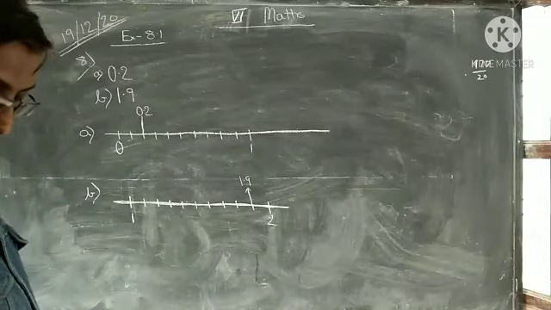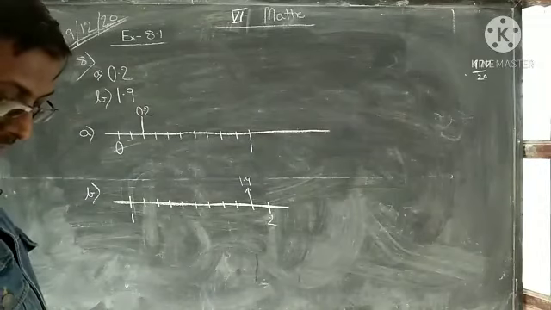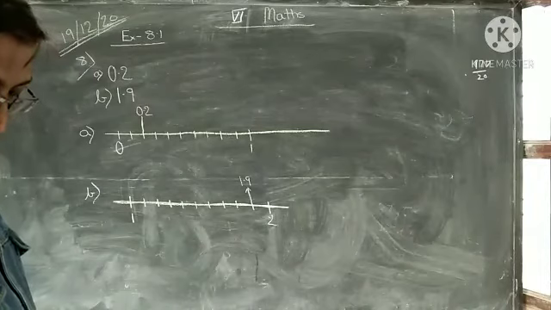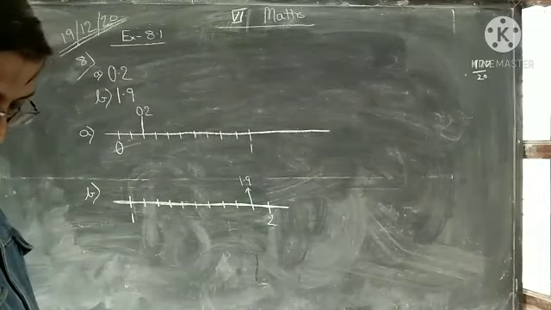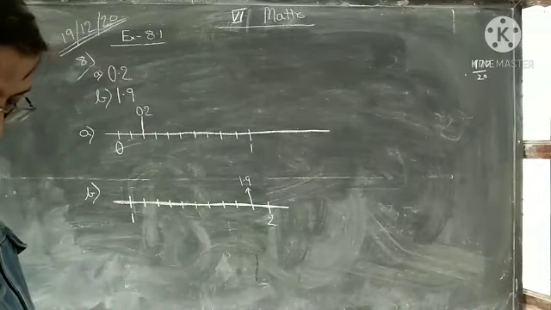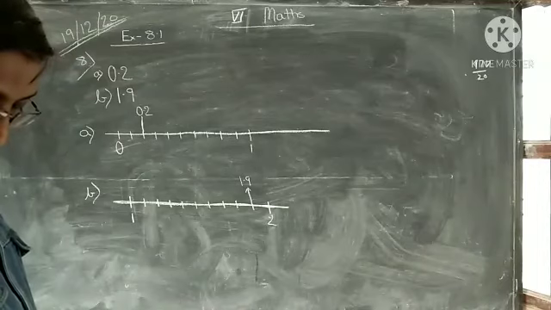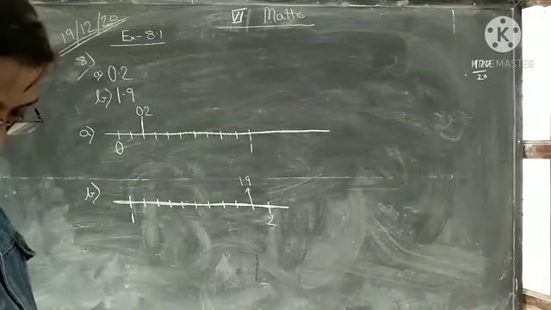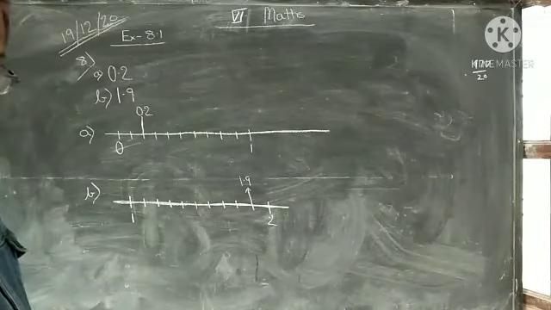Between 0 and 1 it is divided in 10 parts, and A is written on 0.8, B is written on 1.3, C is marked on 2.2, and D on 2.9.